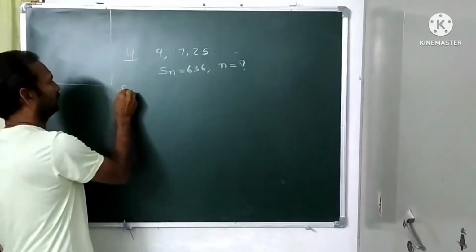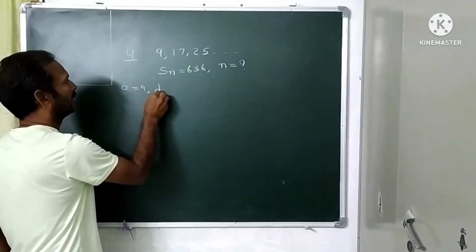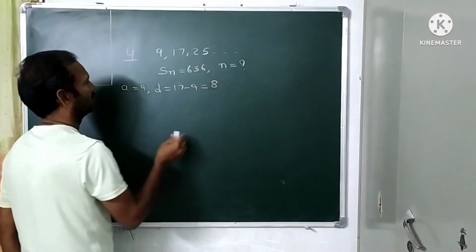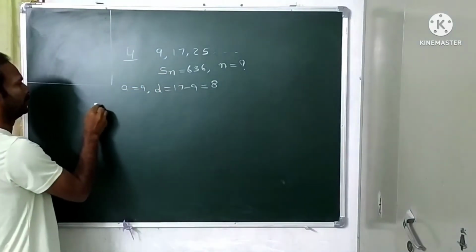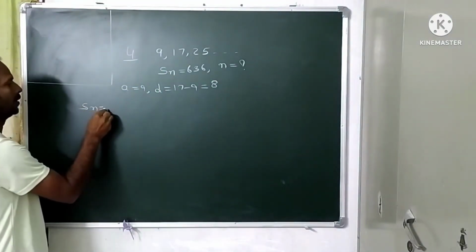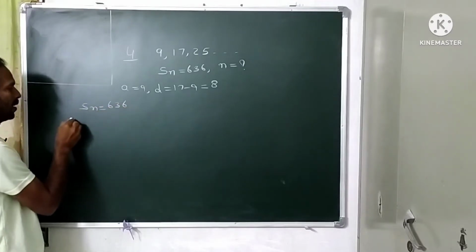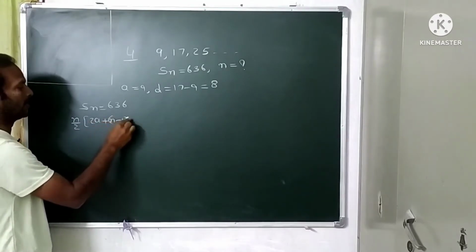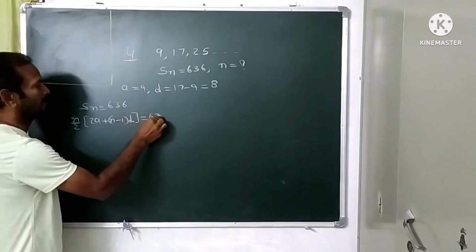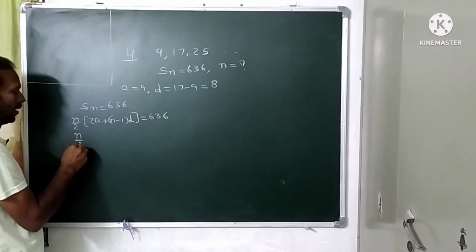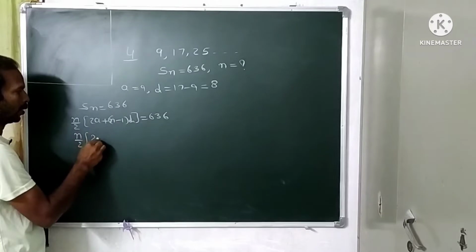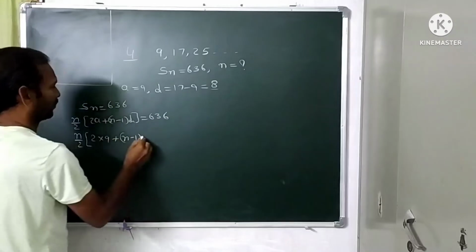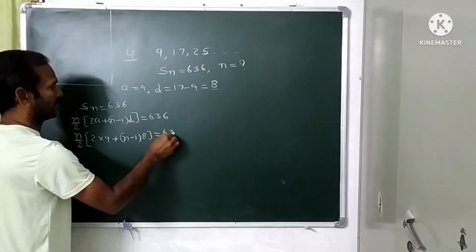For this, a is equal to 9. d is equal to 17 minus 9 equals 8. Sn formula: Sn given as 636. Sn means n by 2 into 2a plus n minus 1 into d, that equals 636. n by 2 into 2 times 9 plus n minus 1 into 8, equals 636.